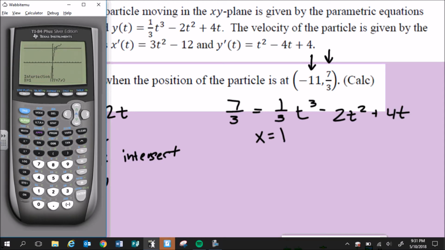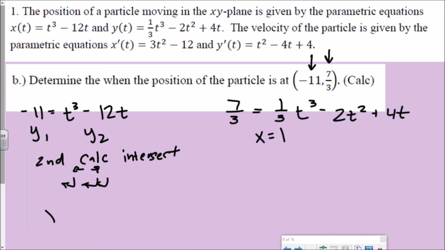Okay, and if you do the other function, you're going to get some intersects too. You're not just going to get x is equal to 1. You're going to get negative 3.854, 1, and 2.854. So the question is, what is our answer? Is our answer all of these? Is it none of these? Is it just one of these? How does it work?